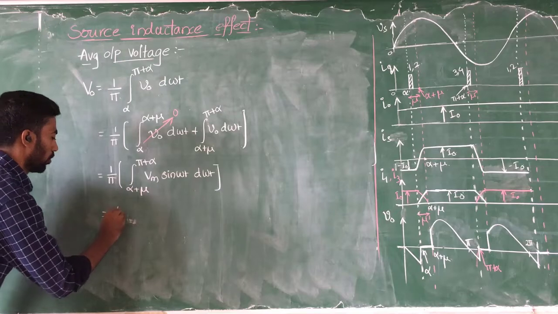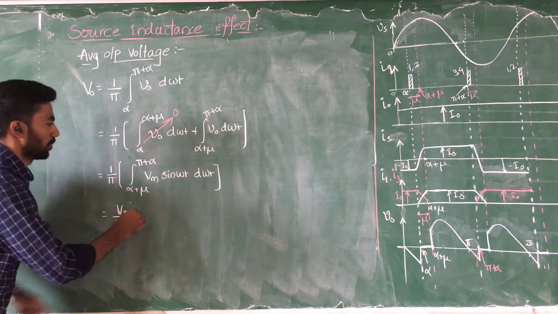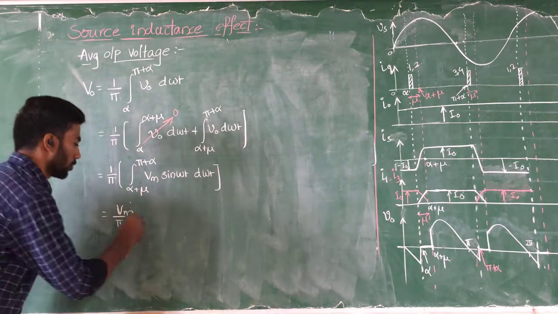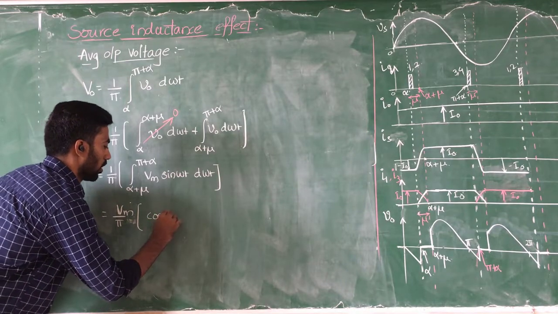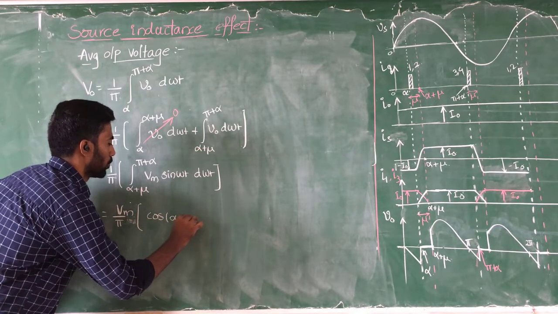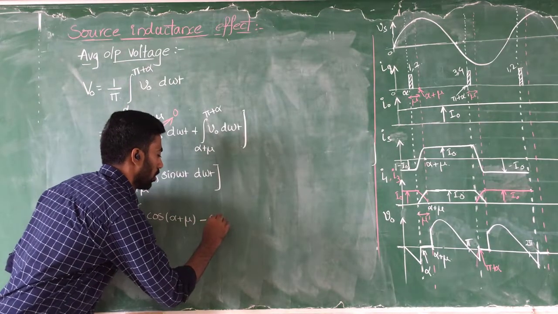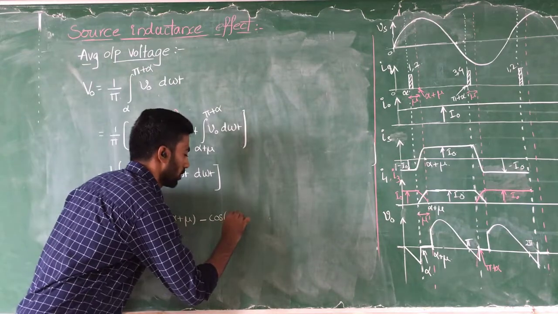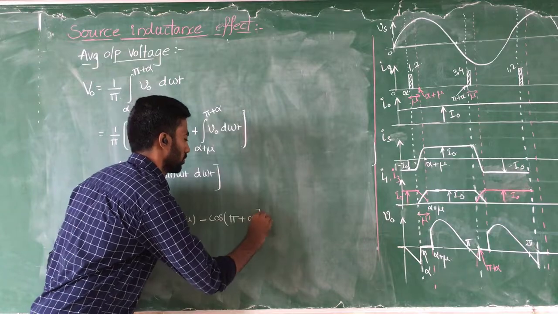Now 1 by pi, and the integration of Vm sin omega t is minus cos omega t. If we interchange these limits, we get cos alpha plus mu minus cos of pi plus alpha.